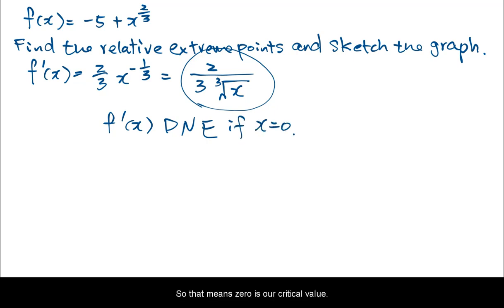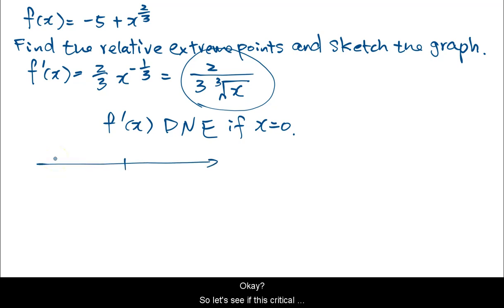So that means 0 is our critical value. Let's see if this critical value will give us a local maximum or local minimum, or neither of those two. 0 here, 2 intervals, -infinity to 0, 0 to infinity.